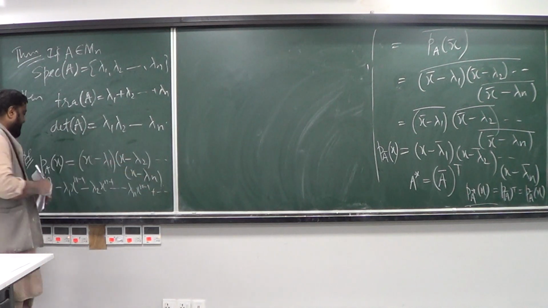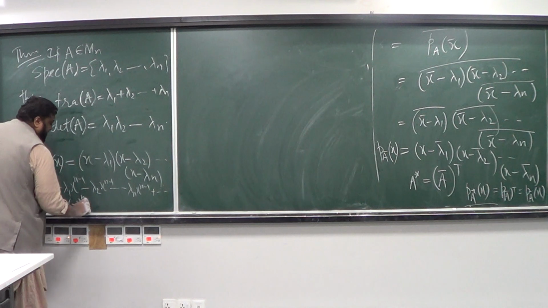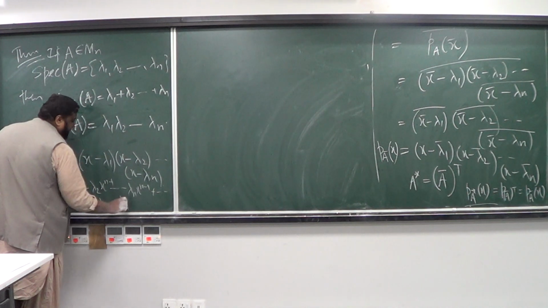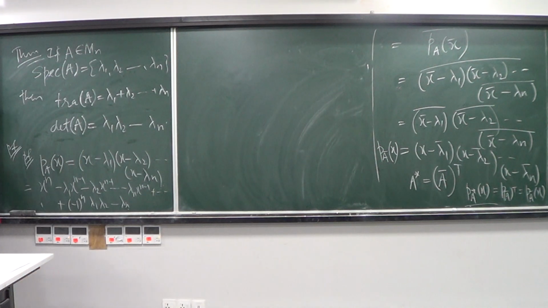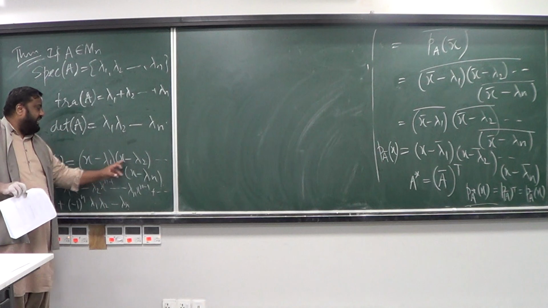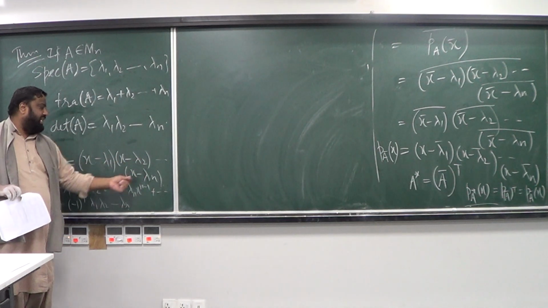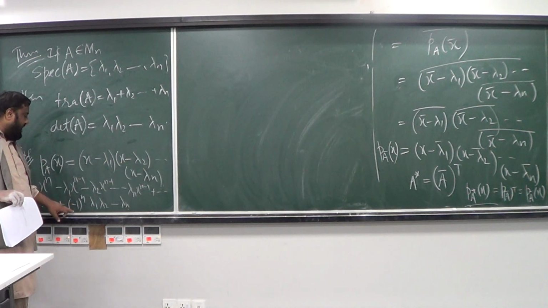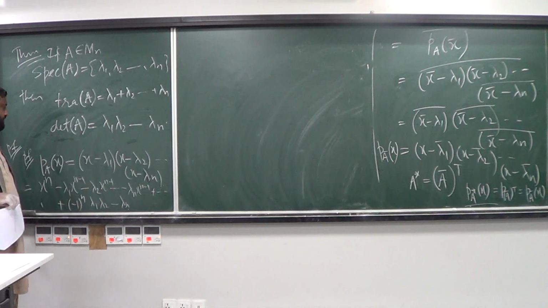So I can write this as minus 1 power n times lambda 1, lambda 2 up to lambda n. From each bracket I am taking minus lambda and multiplying them. So there are n minus lambdas, therefore it's going to be minus 1 power n multiplied by lambda 1, lambda 2, up to lambda n.